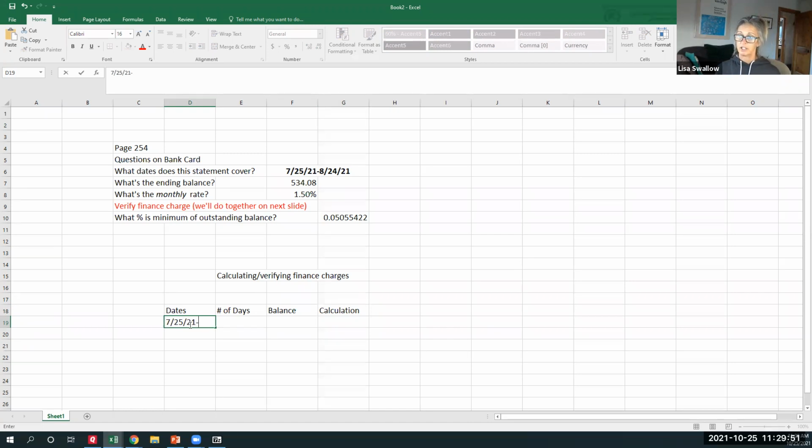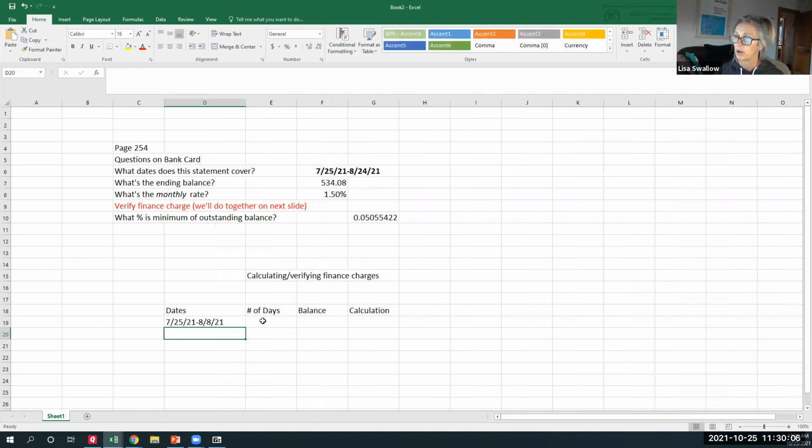And then you need to figure out, well, it stayed that balance for how long? When did it change? If I look at the statement, it changed when I made that America West Airlines purchase on the 21st. And the balance was my beginning balance.